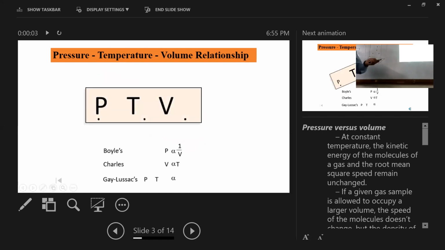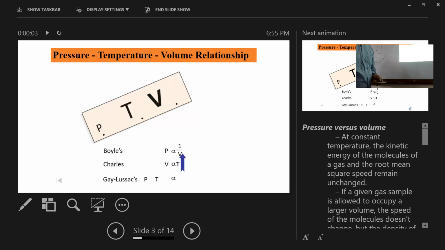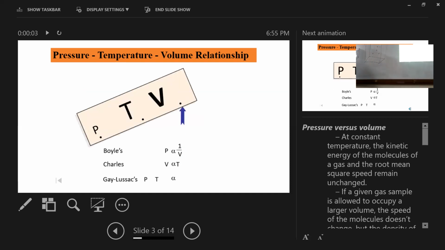Later I think I have even more details on the volume of the gas. So if we go the other way, if we reduce the pressure, the volume will go up. Here I have given the arrow. The volume will go up by reducing the pressure.